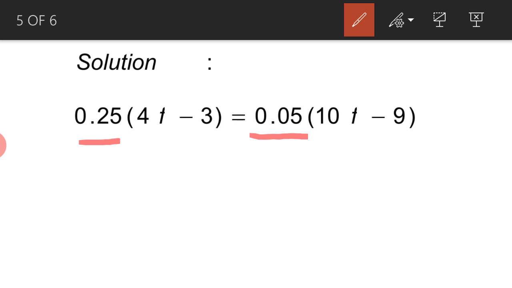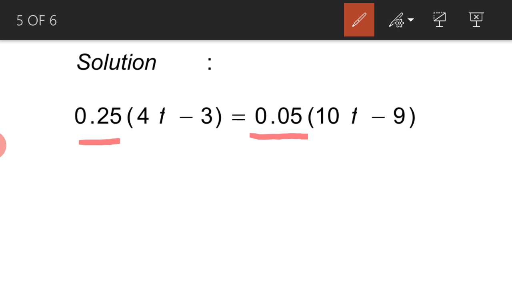In all the previous problems, we have tried to get rid of the denominator part, sometimes by cross multiplication, sometimes by multiplying by a suitable number, isn't it? But we have tried to get rid of the denominator. Similarly, when we come across decimal numbers, the first thing we should go for is eliminating that decimal part.